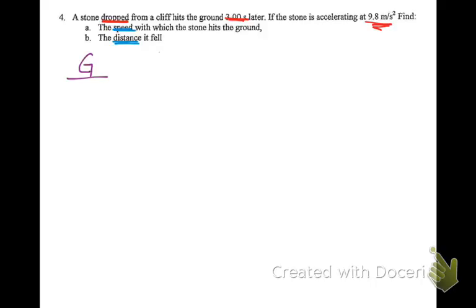So given a stone dropped, that means our initial velocity is 0 meters per second. We know our time is 3 seconds. We know that our acceleration is 9.8 meters per second squared.